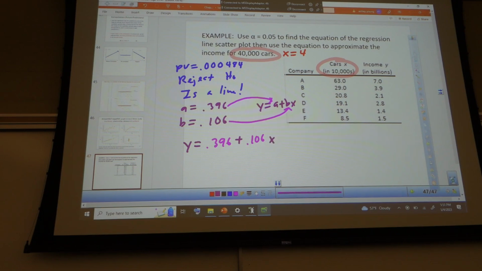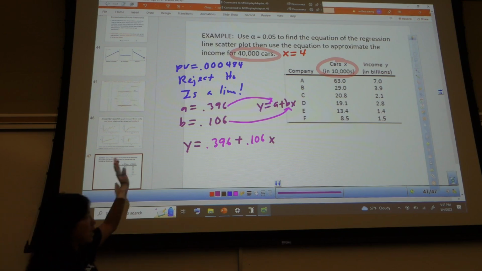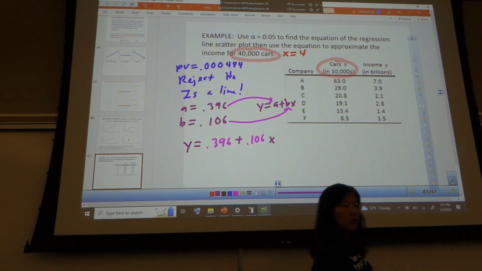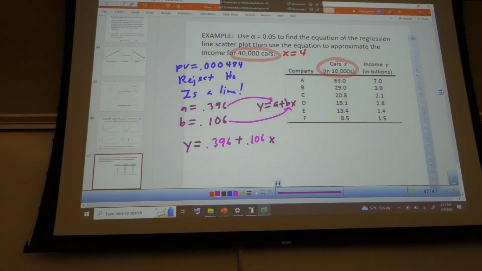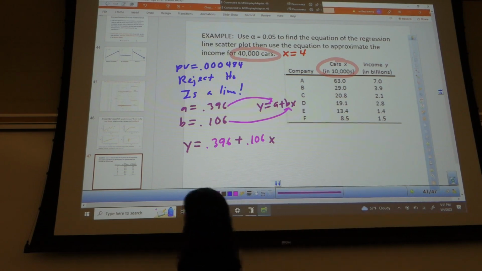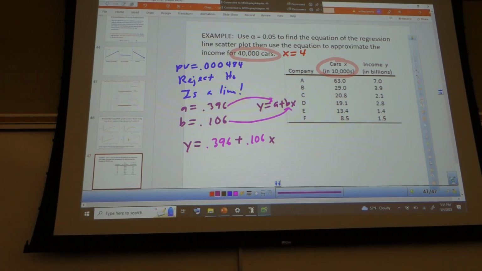So the equation of a line should always be y equals something with x in it. Just plug in the a's and the b's that you're given, and then you have your equation of a line. Now, I want to predict y when x is what? The very top of the page? 4. Great.